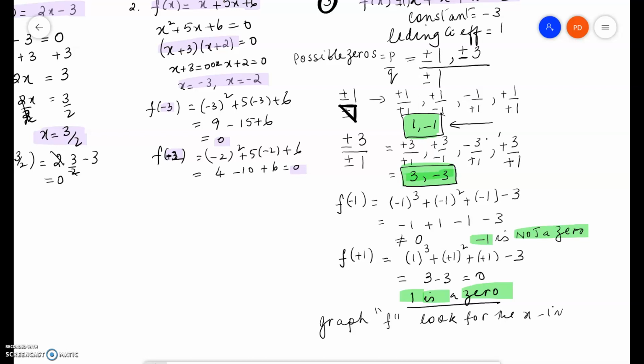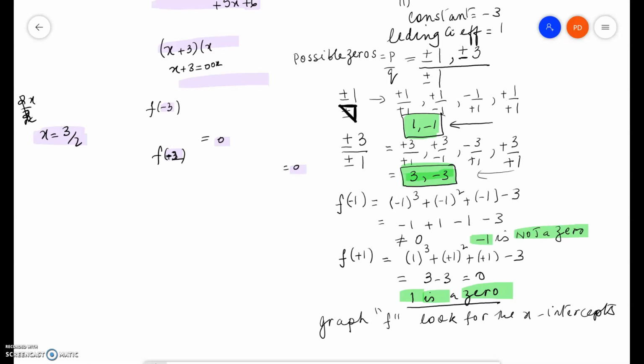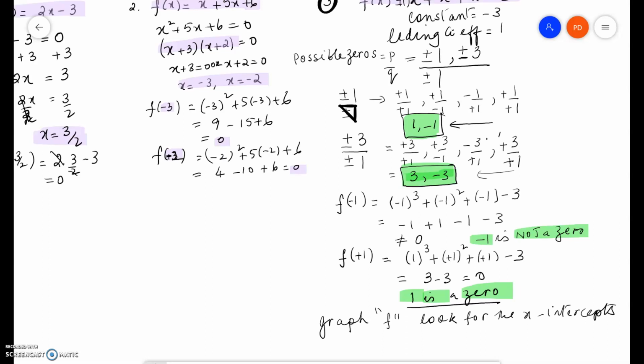Make sure that the window of your graph includes these numbers: x equals 1, negative 1, 3, and negative 3. That way you can see where it crosses the x-axis, and based on that you can try to figure out which of these numbers is a 0.